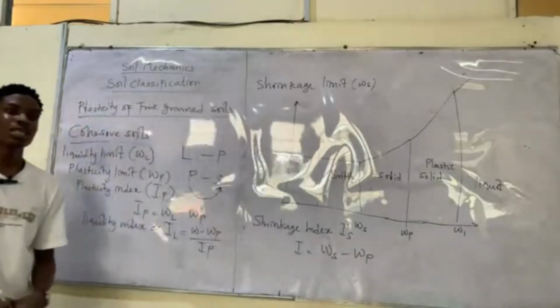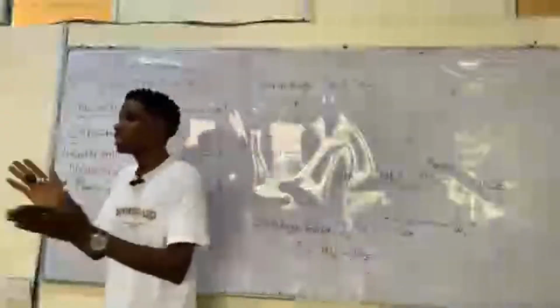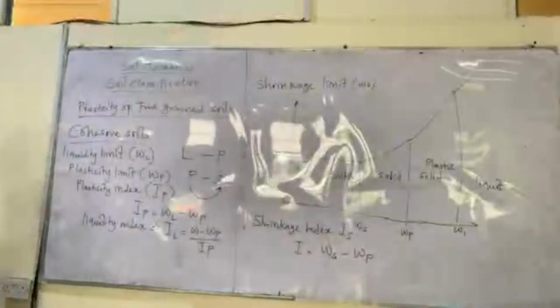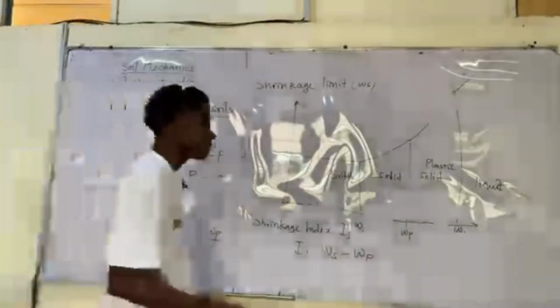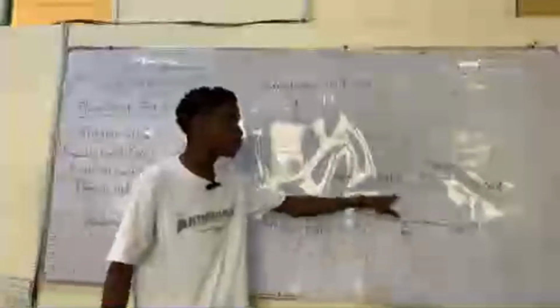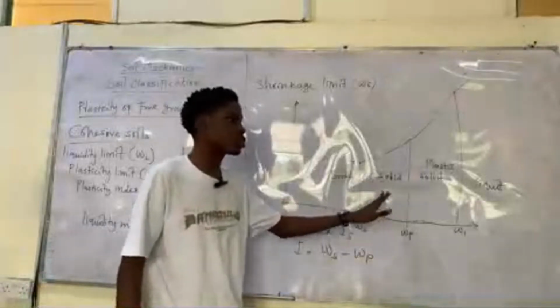So it's the difference between the shrinkage limit and the plastic limit. It is the range of values between these points. Very simply, any value you have here is like your shrinkage index.